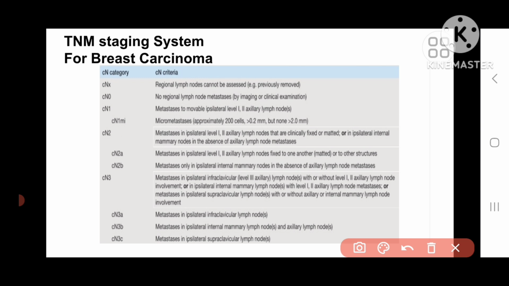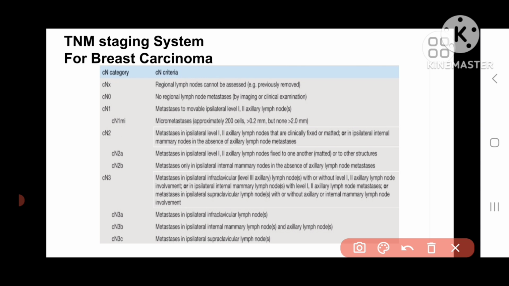So the difference between N1 and N2 is movable lymph nodes in N1 and fixed lymph nodes in N2. And N3 is metastasis to ipsilateral infraclavicular, supraclavicular, and internal mammary as well as axillary lymph nodes.